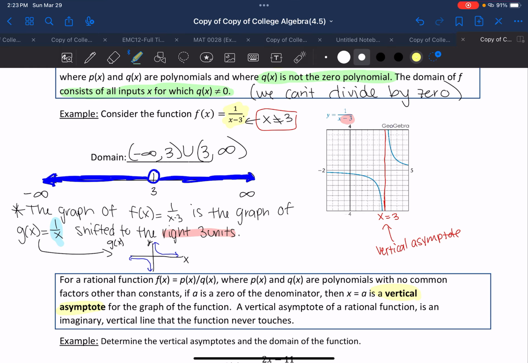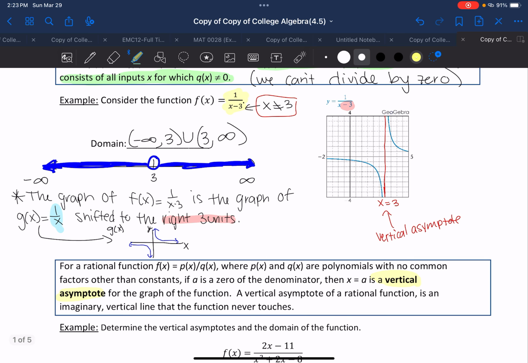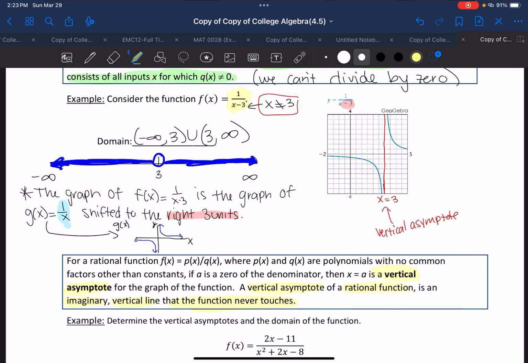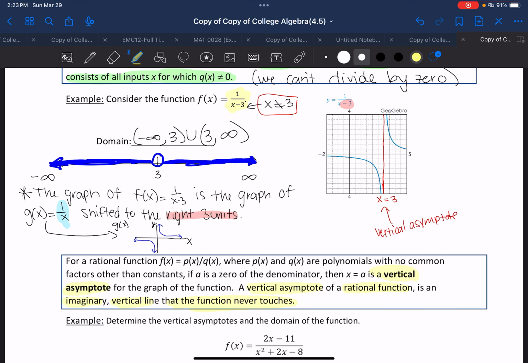Okay. So just like I just said, a vertical asymptote of a rational function is an imaginary vertical line that the function will never touch. And for a rational function, p of x over q of x, where p of x and q of x are polynomials with no common factors other than constants.